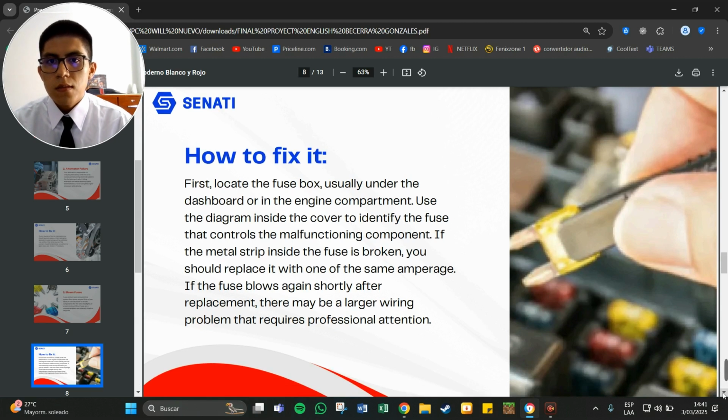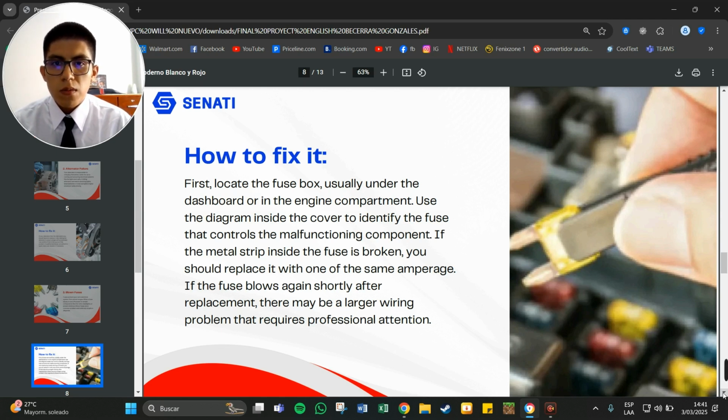How to fix this? First, locate the fuse box, usually under the dashboard or in the engine compartment. Use the diagram inside the cover to identify the fuse that controls the malfunctioning component.